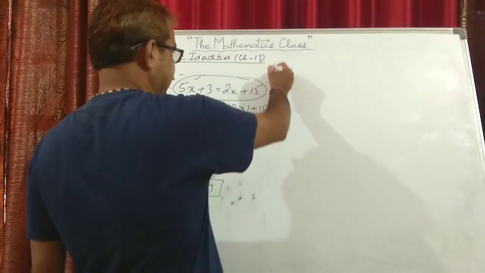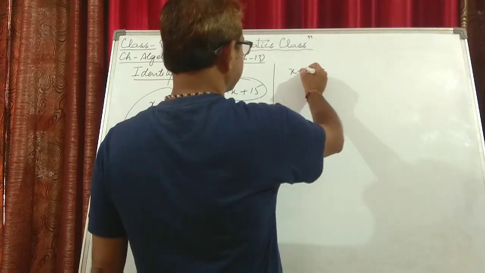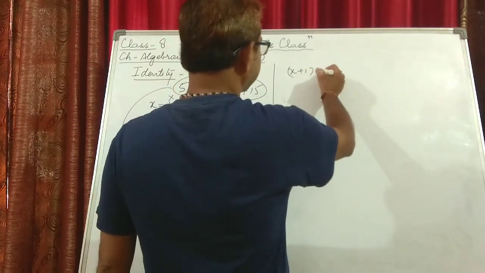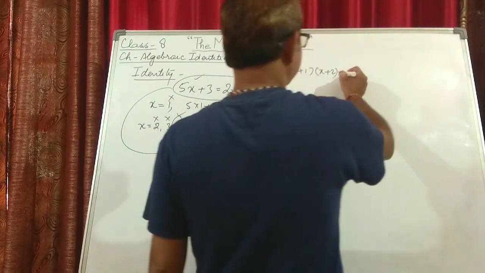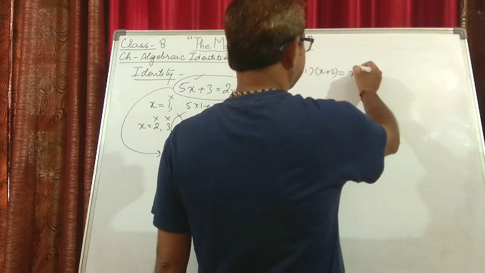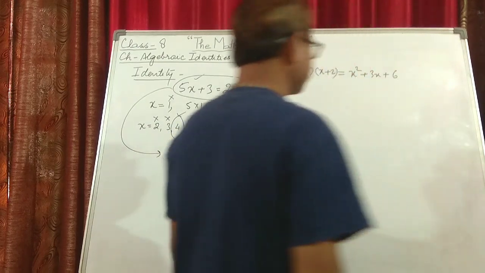Now let us take one more example. If I write x plus 1 into x plus 2, when you multiply these brackets, you will get x square plus 3x plus 2.